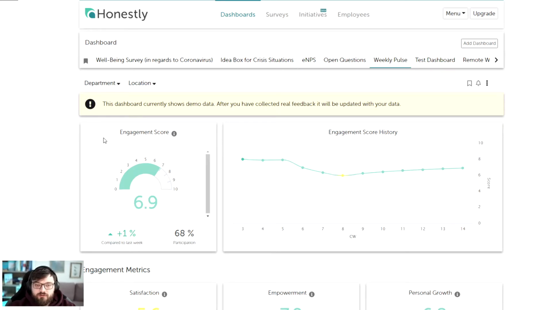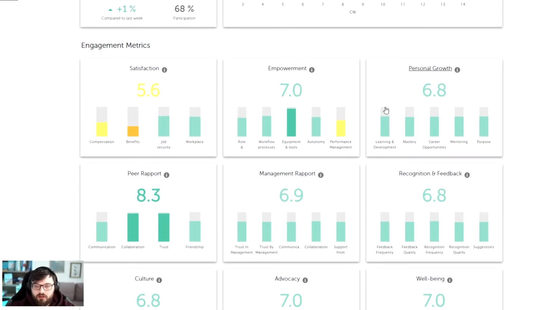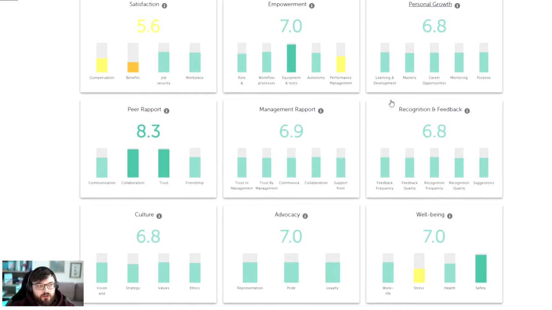The engagement score here is an aggregate score of all the metrics you are measuring with the Pulse survey. And here you have a temporal display of how it has developed over the last 3 months. Scrolling down, you see here 9 pillars of engagement, as we call them.